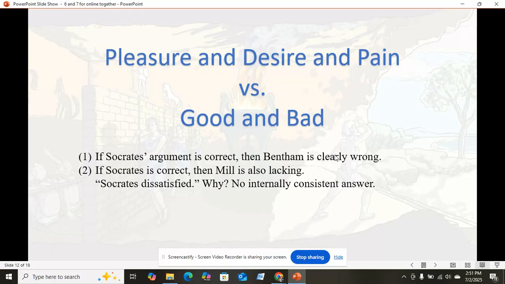Socrates would essentially ask Mill, how do you say there are higher pleasures and lower pleasures if pleasure is what you use to measure what's good and bad? Pleasure as the measure of good and bad doesn't work. They can't be the same thing if you're saying there's good pleasure and bad pleasure.